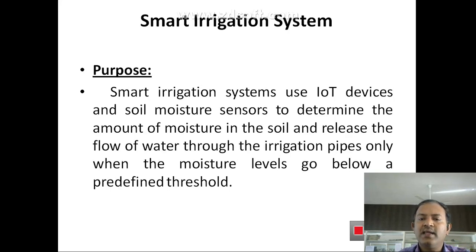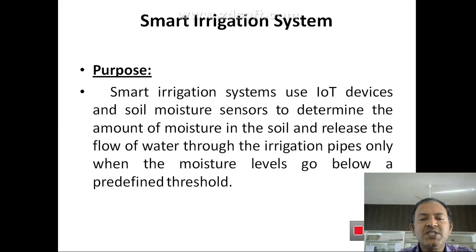What is a smart irrigation system? What is the main purpose of the smart irrigation system? A smart irrigation system uses IoT devices and a soil moisture sensor to determine the amount of moisture in the soil and release the flow of water through the irrigation pipes only when the moisture level goes below a predefined threshold.